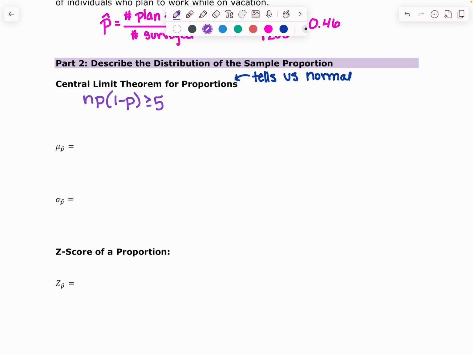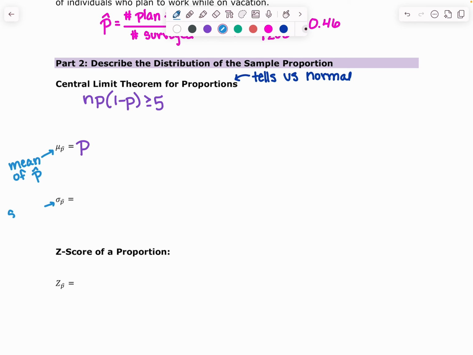The mean of all of the different proportions, so the mean of all the sample proportions, is equal to the population proportion p.